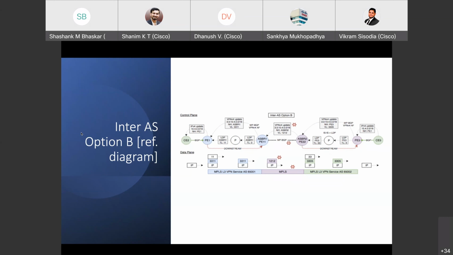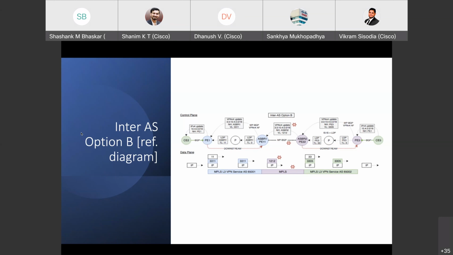P3 gives it to ASBR2, which is labeled as P22. ASBR2 passes this information over the eBGP session to ASBR1, and ASBR1 then passes the information to P1. In this case, P1 would see ASBR1, labeled as P11, as the next hop self for the prefix. P1 installs the route in its VRF.